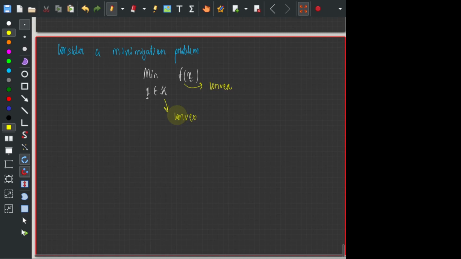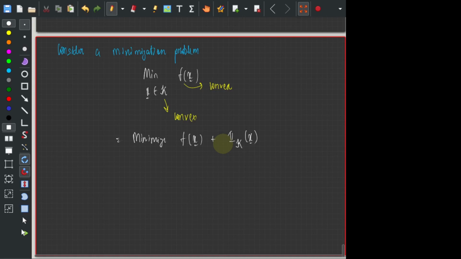Now we can convert this into an unconstrained convex optimization problem. And how do we do that? So this is the same as minimizing f of x plus what I call the indicator function i_k of x. And what is this indicator?